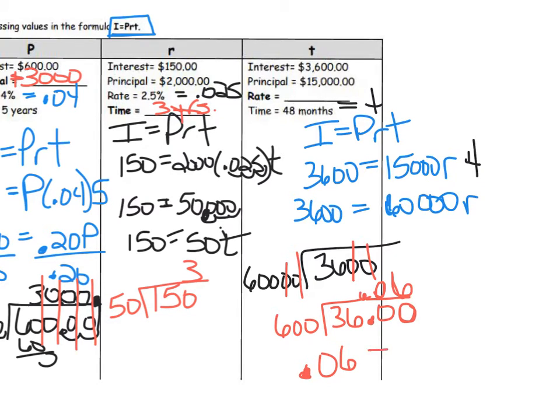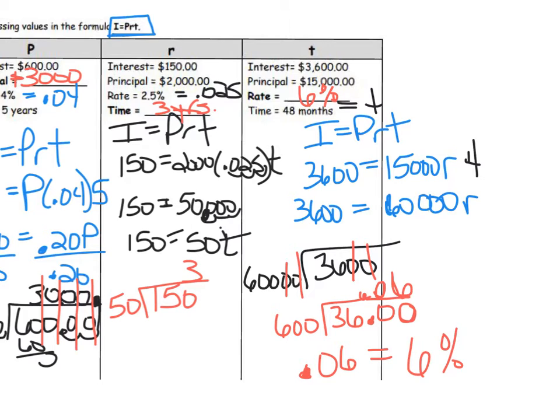So then that will equal to what? 6%. Because now you're converting a decimal to a percent, so you need to move the decimal place to the right. So that means my rate was 6%. So pretty simple, because all you have to do is make sure you're writing out the formula, substituting what you know, and then solving for whatever is missing.